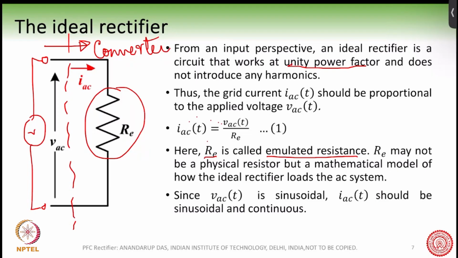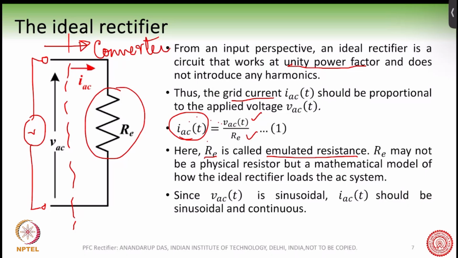What we want is that the grid current, the AC current here, should be exactly proportional to the applied voltage, divided by this resistance RE. Since VAC is a sinusoidal voltage, the grid voltage is sinusoidal, 120 volt or 230 volt, the grid current should be perfectly sinusoidal.